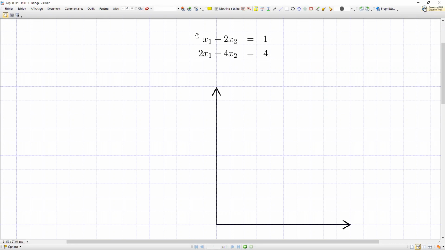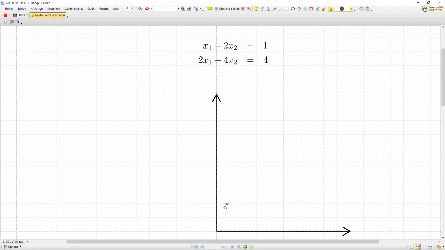If x1 equals 0, then x2 equals 1/2. So 1 point there. Let's say this is 1, so 1/2 would be there. And if x2 equals 0, then x1 equals 1, so that would be there.